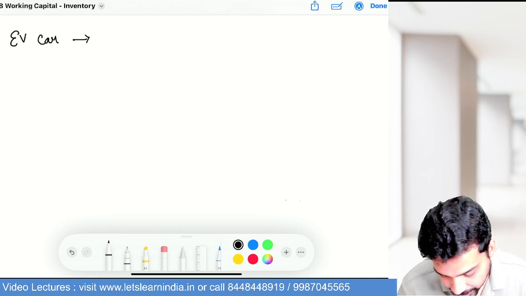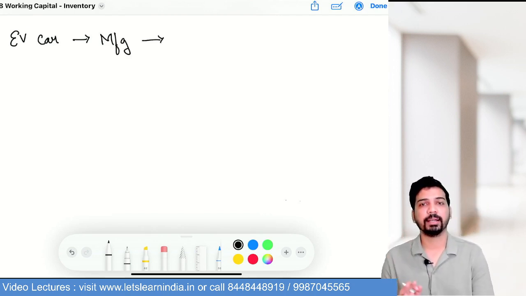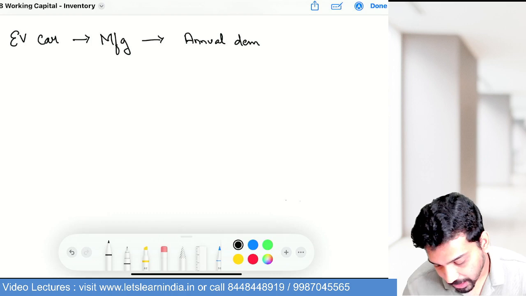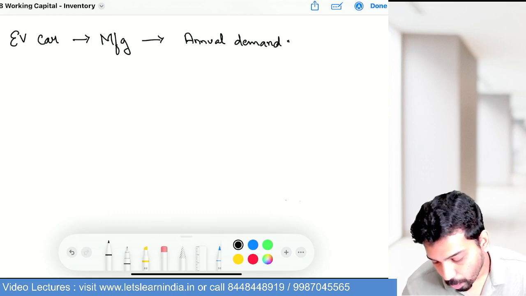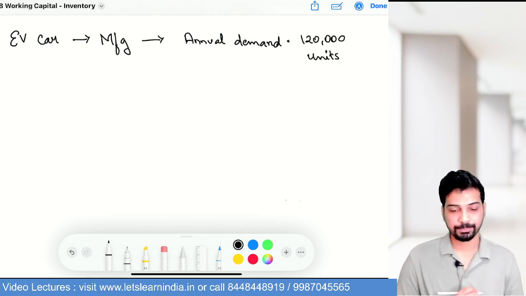So you thought of putting up a manufacturing of EV cars and you forecasted a demand. What was the demand for your EV car? Your annual demand that you forecasted for your EV car was 1,20,000 units. Correct?